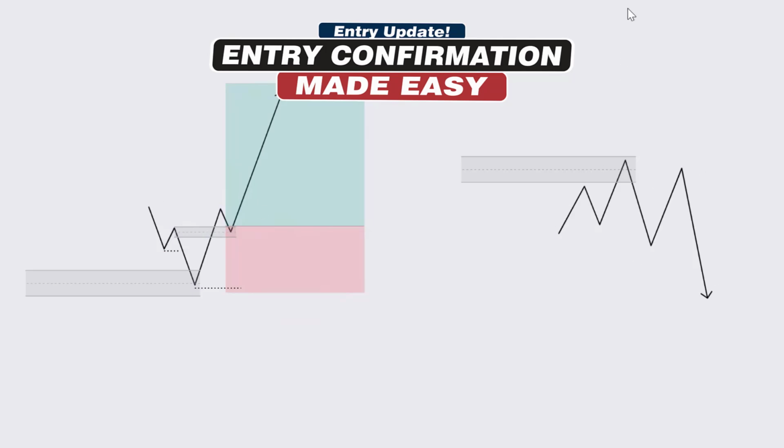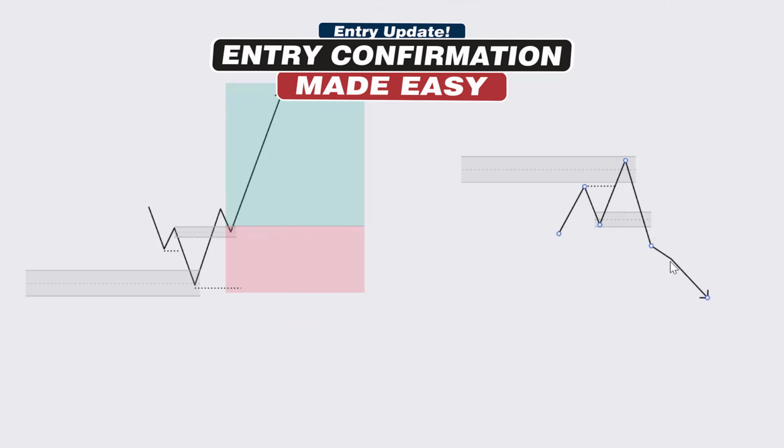This is exactly the case here, where we have the break of this high, with price tapping into a key level of supply. Since price tapped into a key level of supply, all you have to do is drop to your lower time frame and try to identify your lower time frame demand level. Now, this is your lower time frame demand, and what you have to do is wait for the retest of this demand.